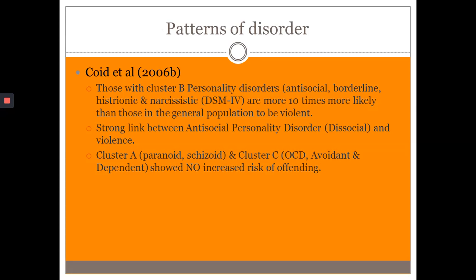Borderline and histrionic and narcissistic personality disorders are terms you may well perhaps be familiar with. They get bandied around quite a lot on social media, probably more than they deserve to be.